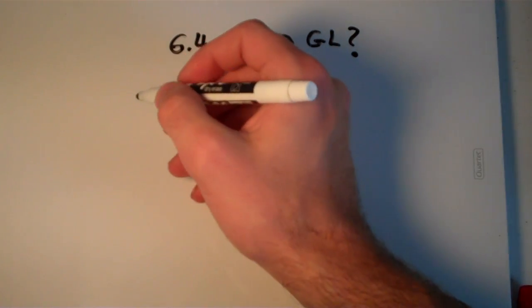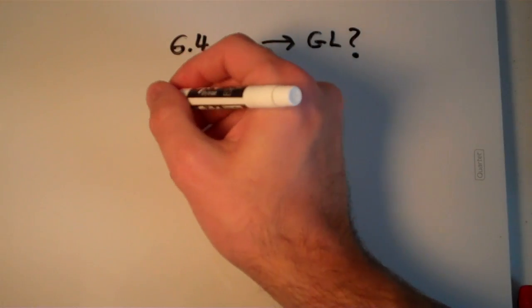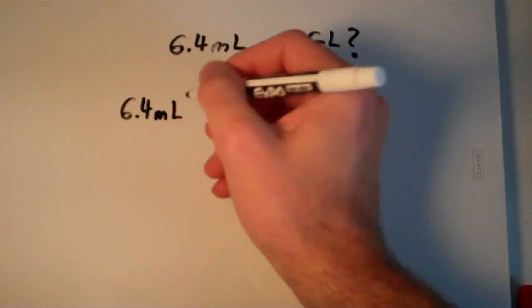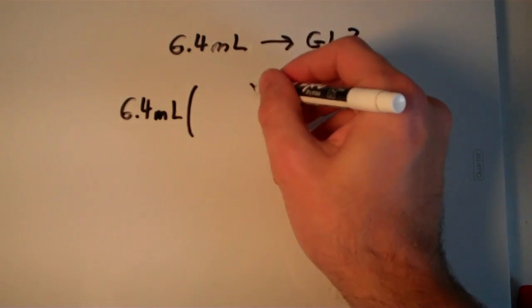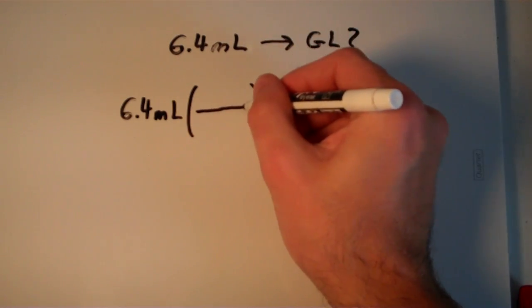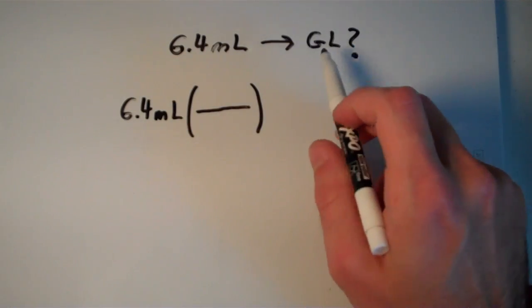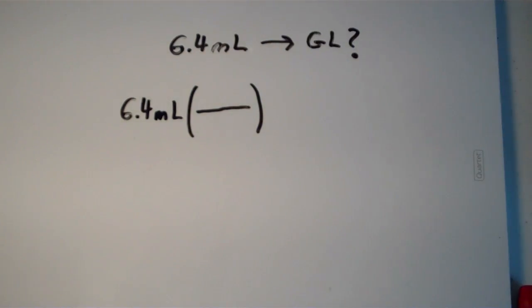So we start out with 6.4 milliliters, and of course we're going to be setting up a conversion factor. Generally what I like to do is convert back to the base unit, and then convert away from that base unit into our desired unit, which in this case is gigaliters. Some people tend to skip this step, but I don't recommend doing that.